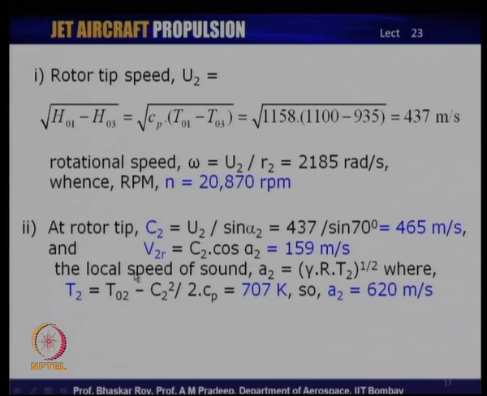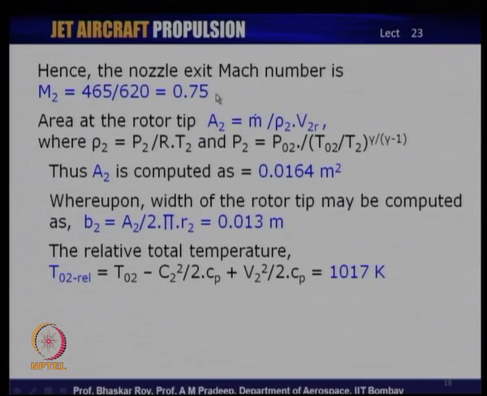The local speed of sound using the local temperature T2, you have to do that, and if you do that, you get T2 equal to 707 K and corresponding sonic speed as 620 meters per second. And then the nozzle exit Mach number M2 comes out to be 0.75.